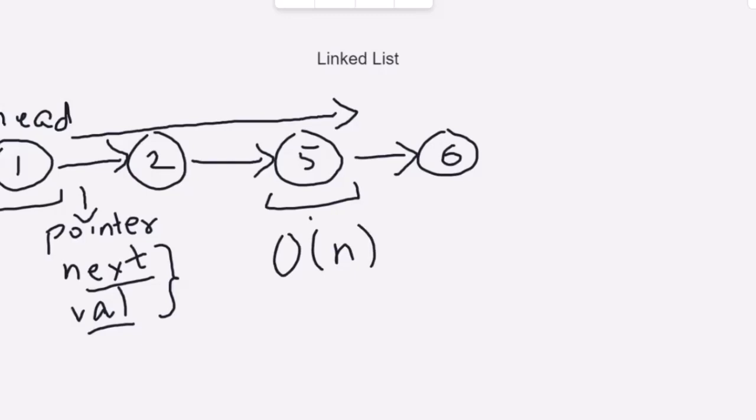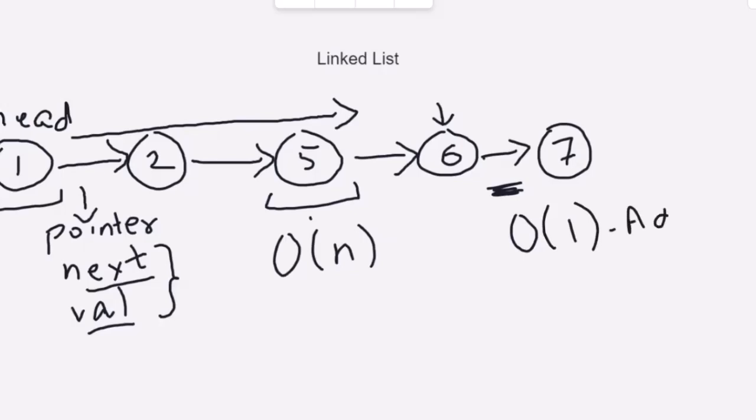And if you want to add or delete a node, suppose you want to add a node at the end and you have a pointer to this 6 and you want to add another node, so you can simply have a node pointing to 7 using the next keyword, and this will take O of 1.